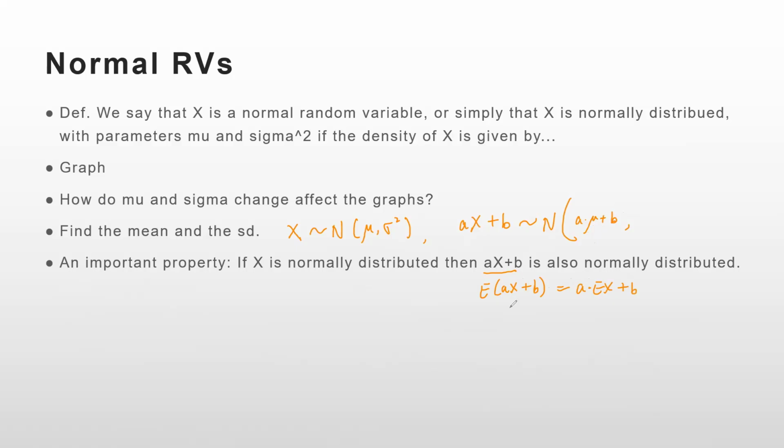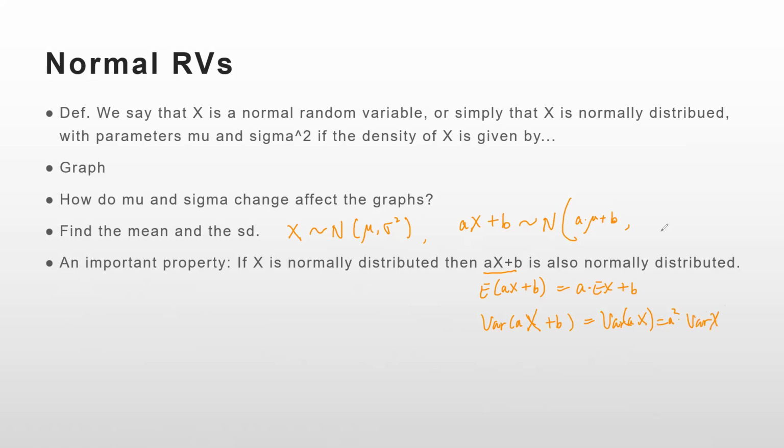And the variance of ax plus b, b doesn't affect the variance. You just add a constant to the random variable. It doesn't change the shape. So you have the variance of a x, which is a squared times the variance of x.